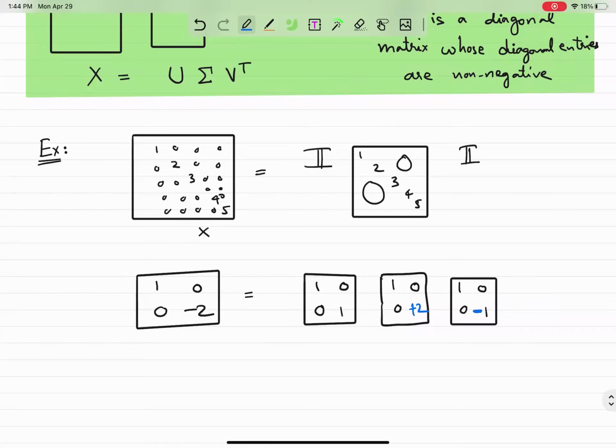Whether I put -2 here or -1 here, the product is going to be the same. Again, this you can check. And this would be a singular value decomposition now, because the columns are perpendicular, they're orthonormal. Here also the columns are orthonormal, and now I have non-negative entries.